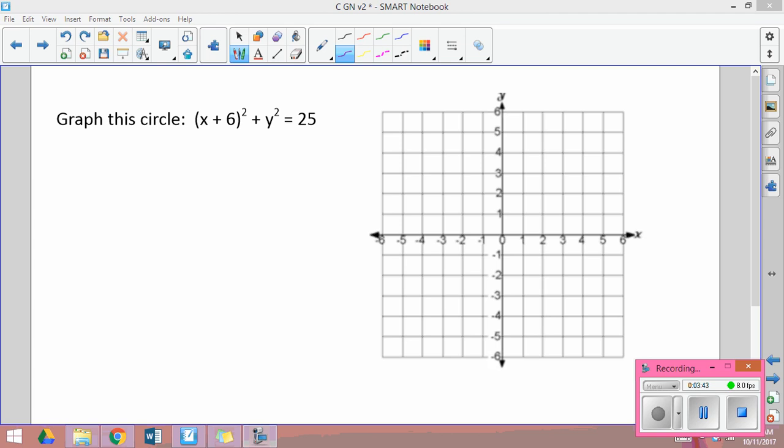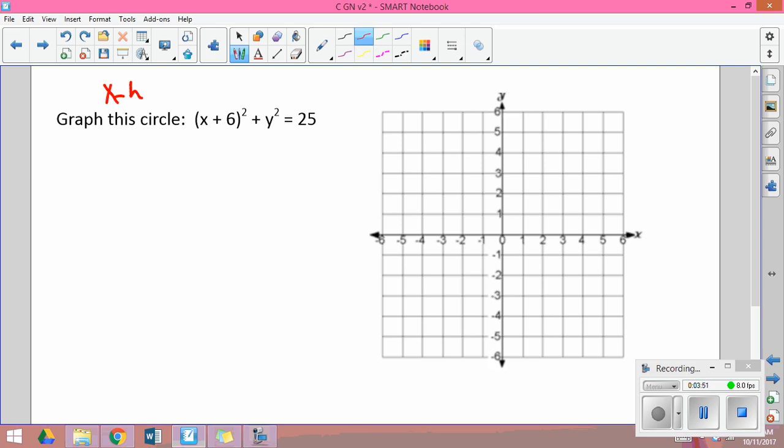Given an equation, we can pull the center and radius out of it, and we can graph. So if we think about that (x - h)² + (y - k)² = r².